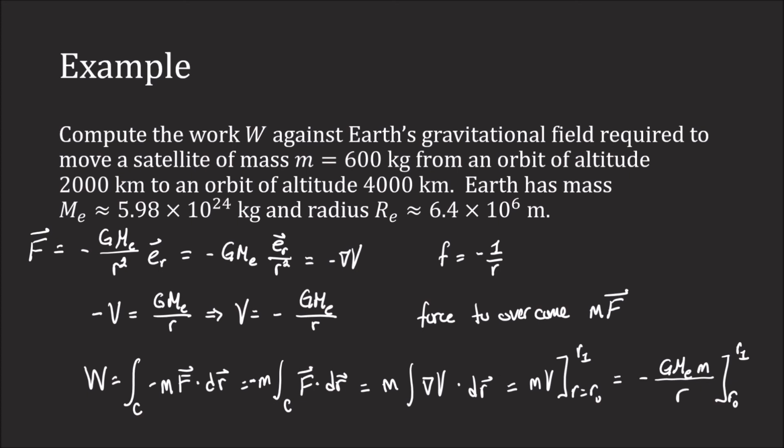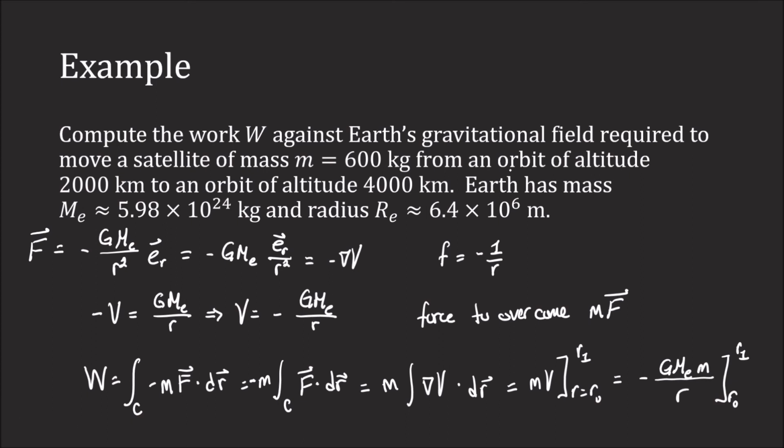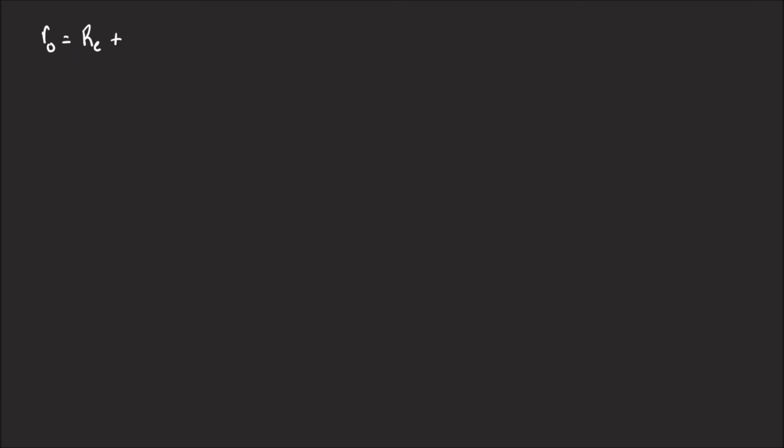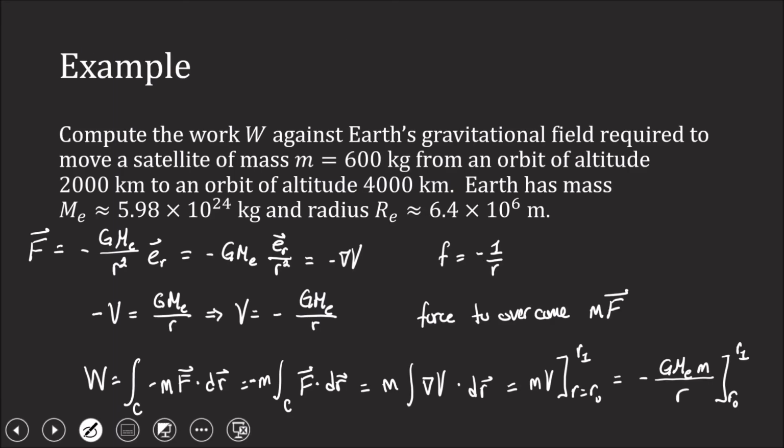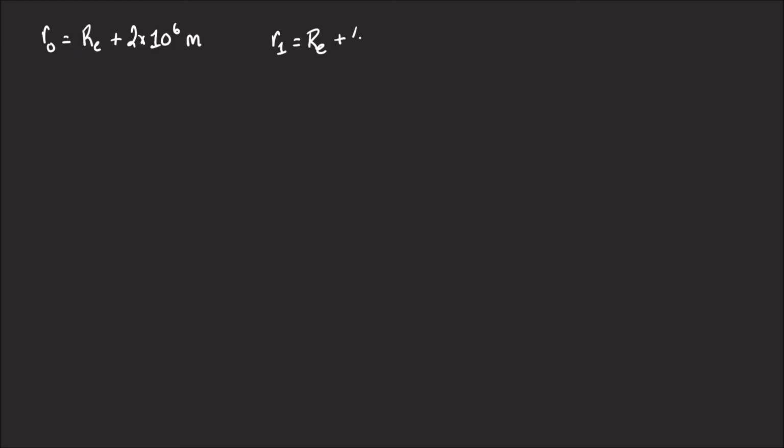Now what we're going to say is, okay, r naught is the radius of Earth plus the initial altitude, 2,000 kilometers, which is 2 times 10 to the 6th meters. And r1 would be the radius of the Earth plus the final altitude, which is 4,000 kilometers, or 4 times 10 to the 6th meters.